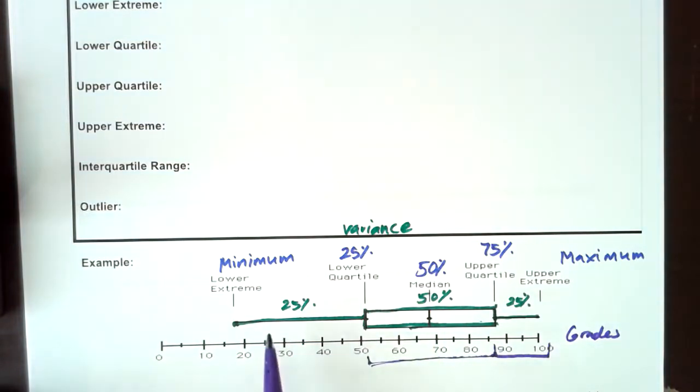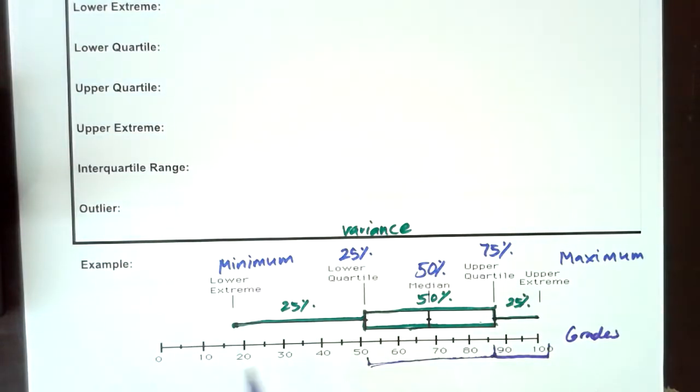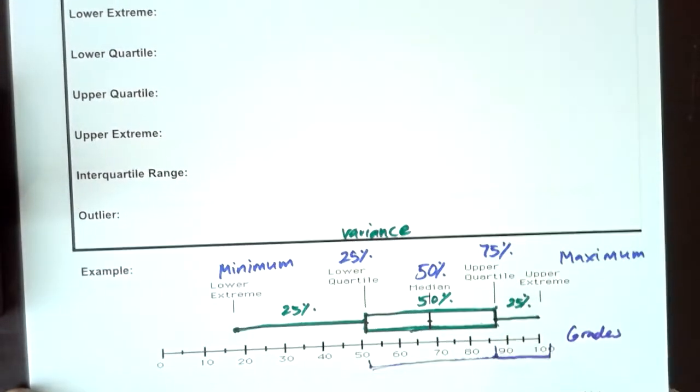And then here it's saying 25% of my class got 17 to 50. That's not really a good thing to see, because that means 1/4 of the class got a score of 17 to 50. And that's bad, in my opinion.